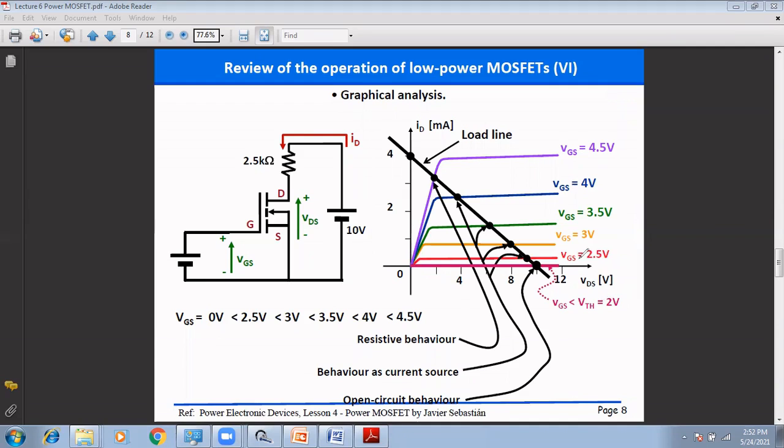Why? Because the threshold voltage is approximately 2 volt, and for this drain current to flow, the value of VGS must be greater than 2 volt. As this VGS voltage increases, the ID value also increases.